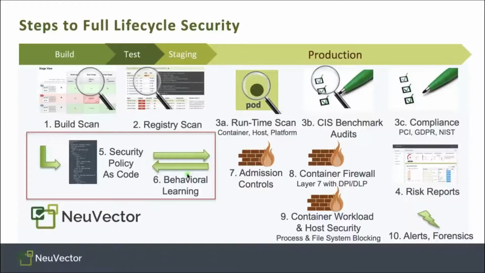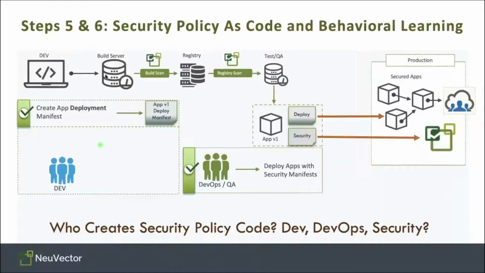and let's see about how security policies, code, and behavioral learning can work together to automate the creation and deployment of these workload security policies that I talked about. Here we have our typical pipeline that we talked about: a build server, NeuVector scanning, registry scanning.